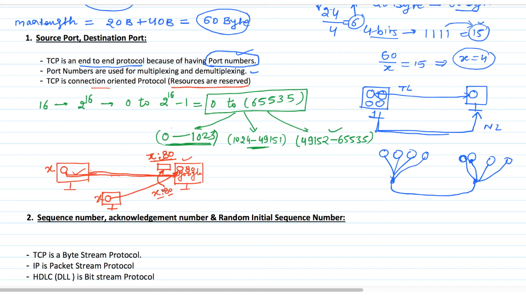So now the problem is that a different system can use the same source port number, and if these systems are interacting with the same destination port, then identifying resources by using this source port number and destination port number is not effective. Means here the problem is that we have two different connections having the same identity number. So how to identify these connections uniquely?